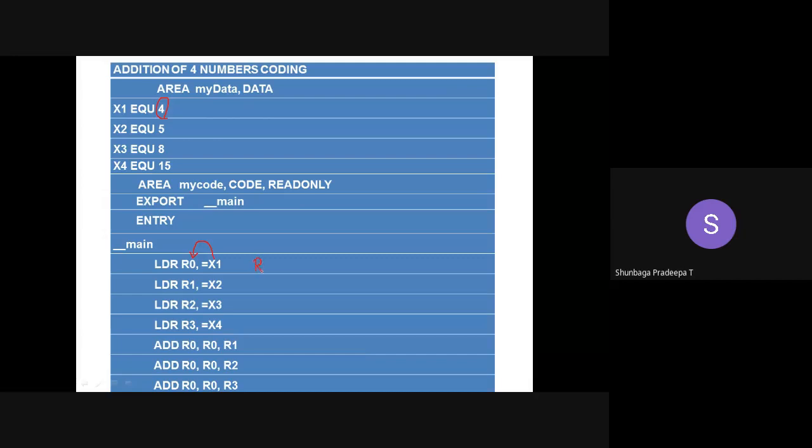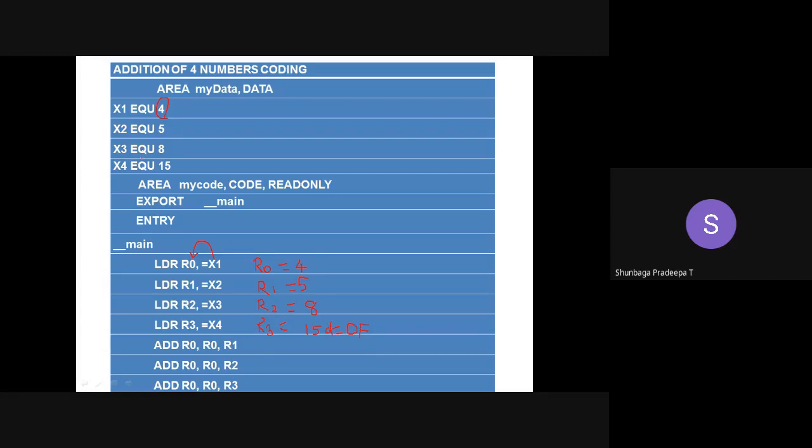So what will be the value in R0? It will have 4 now. Similarly, LDR R1, =x2: what is the value of x2? 5. So 5 will be loaded in your R1 register. And R2 will now be loaded with the value 8. And with this instruction, your R3 will be loaded with 15 decimal, which is nothing but 0F in hexadecimal.